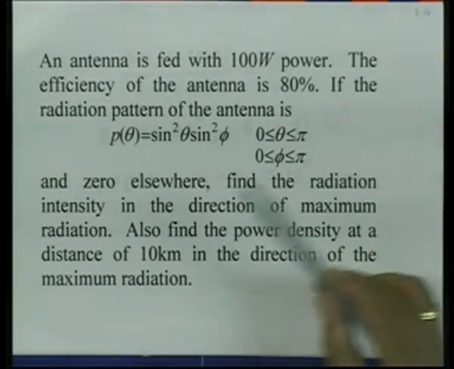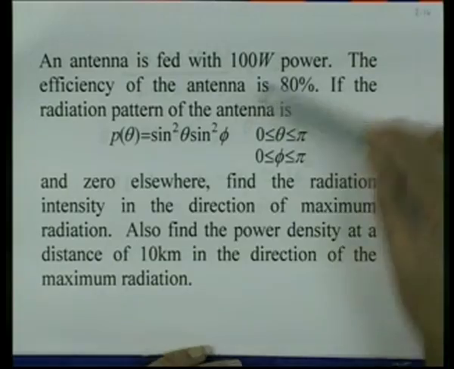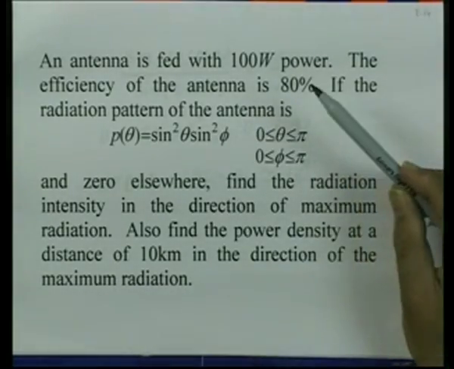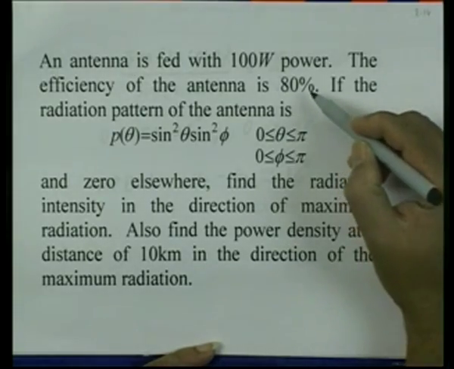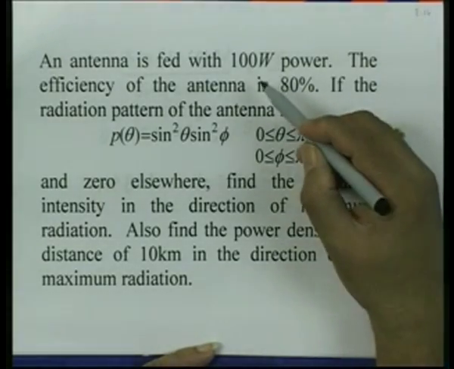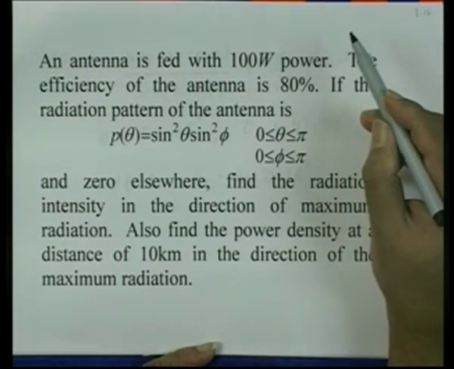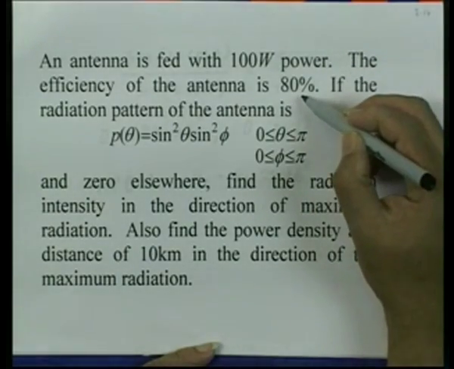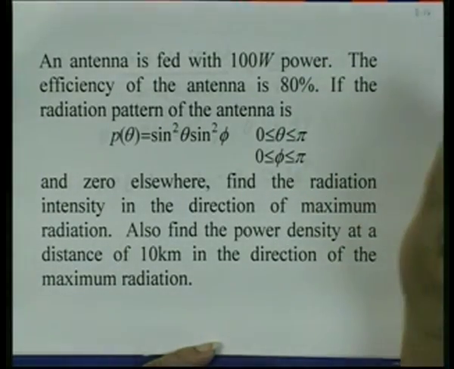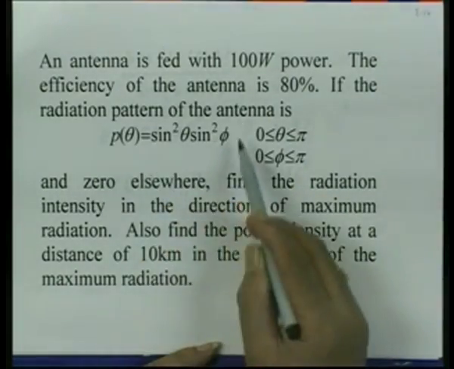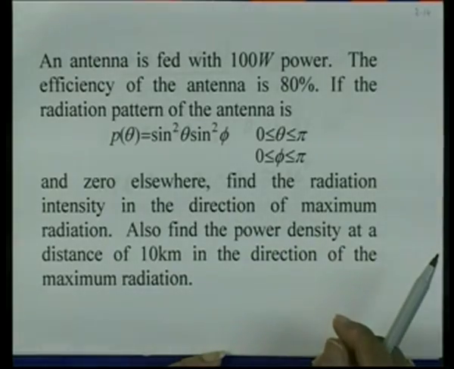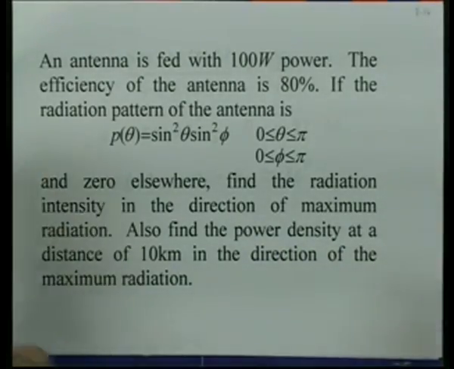So, in this problem, there are various points to be noted. Firstly, the antenna is not radiating full power. There is the efficiency which is 80%. That means whatever power is input to the antenna, only 80% of that power is radiated in the space. Secondly, since we have a radiation pattern which is given by this, the power is not uniformly distributed in all directions.